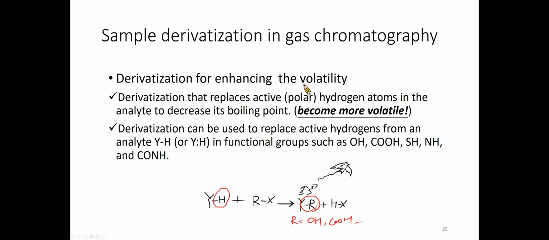Usually, the derivatization step will replace the active hydrogens in functional groups such as OH, COOH, SH, and NH, etc., which in turn will increase the compound's volatility.